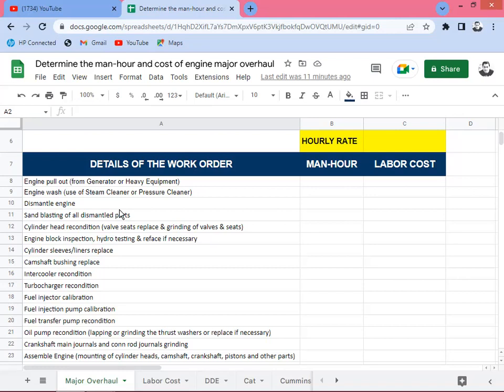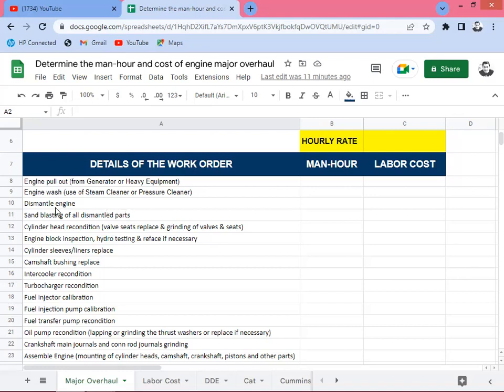So they just want to work alone and make sure that everything is done according to the standard. That's why most senior or experienced mechanics want to be working alone.